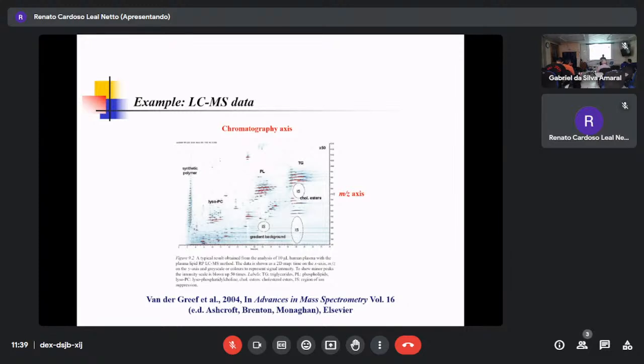If we have two-dimensional data, chromatography data, then this one, two, three, intensity.